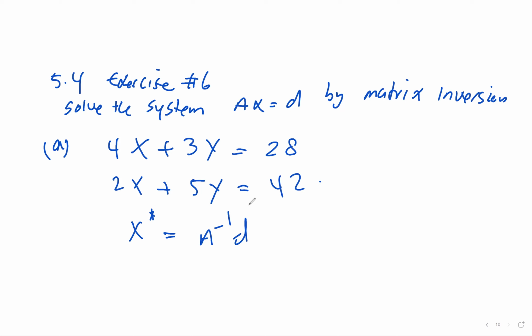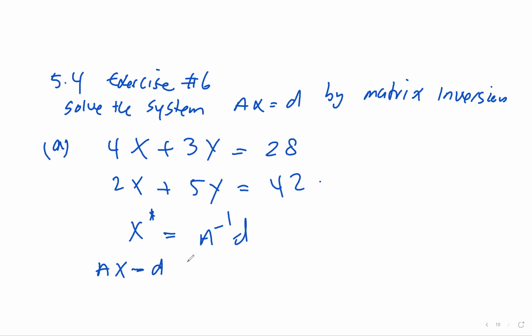And the way we do that is that we take this matrix equation AX equals D, and multiply both sides by A inverse.